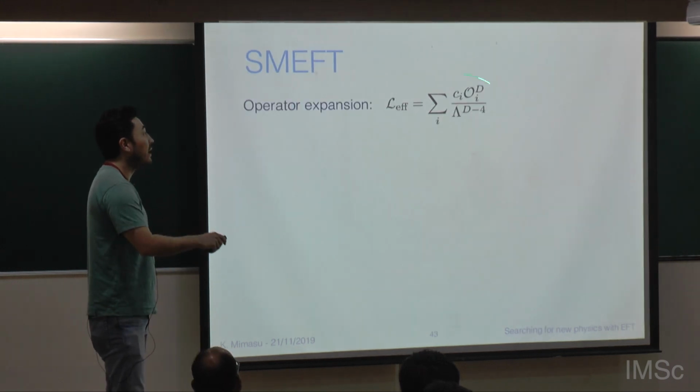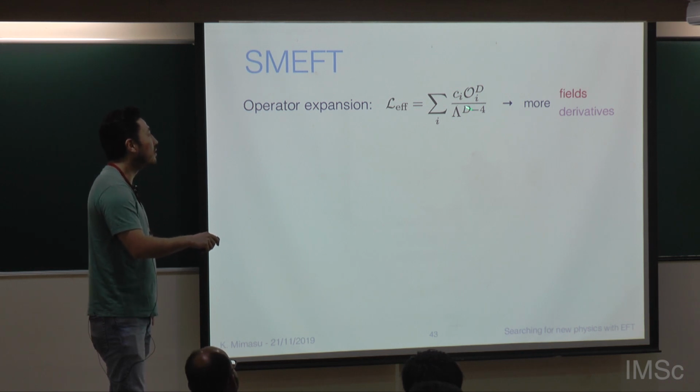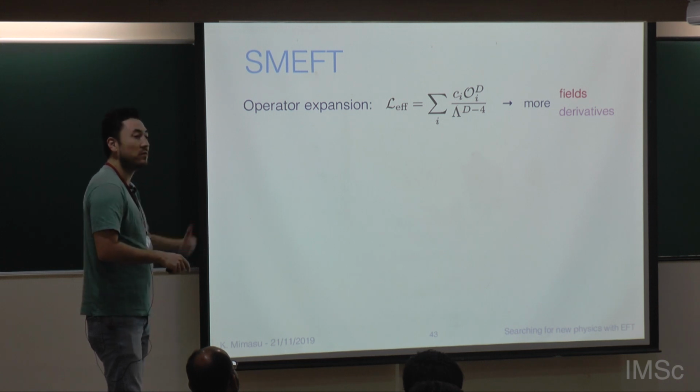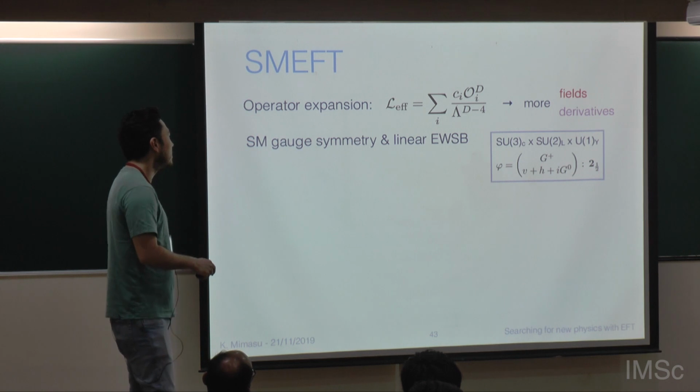So as before, we have this operator expansion, identical to the discussions we had yesterday, where you now combine the low energy degrees of freedom of the standard model, adding more fields or more derivatives to the dimension 4 operators to make up higher dimensional operators.